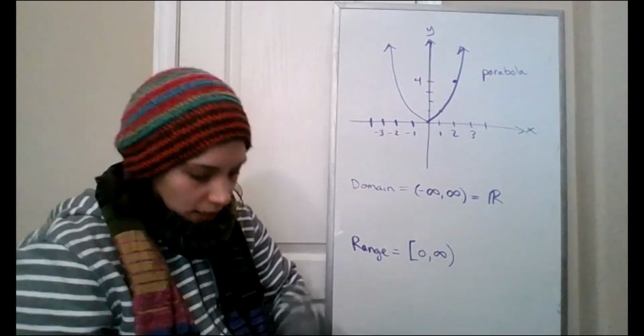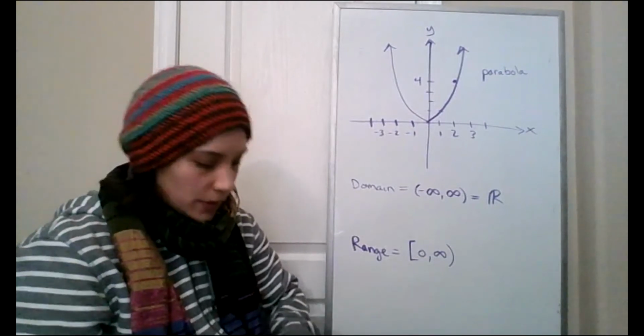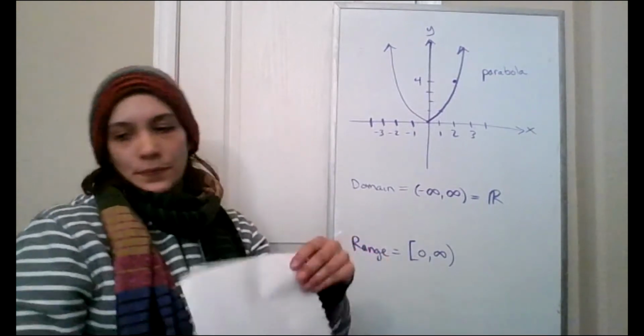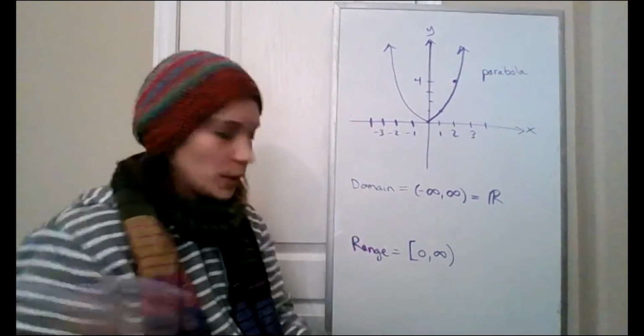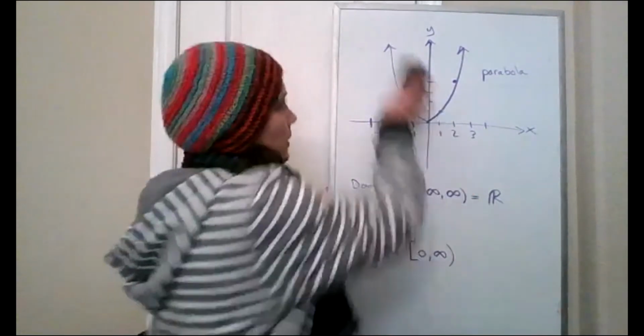Now we want to define the graph of a function. It's the set of all ordered pairs.